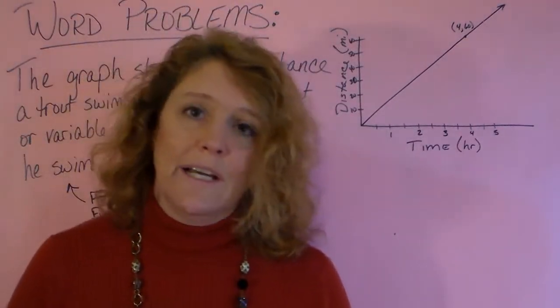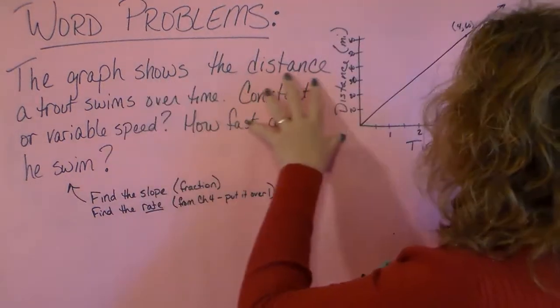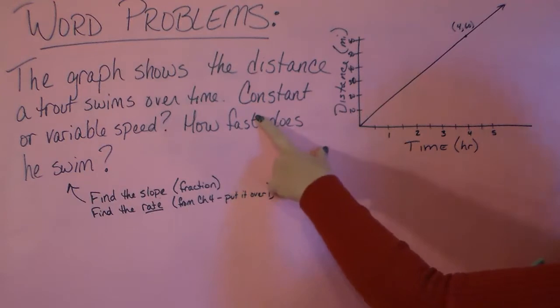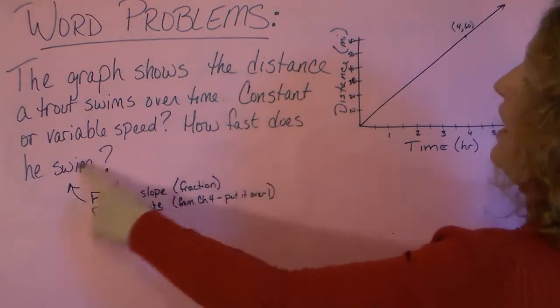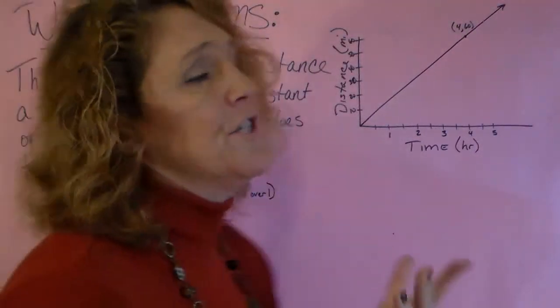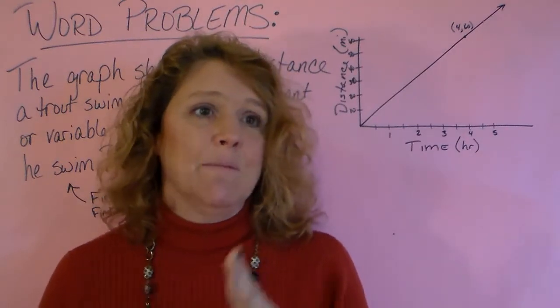Now, what does this look like in a word problem? Here they've drawn you a graph. The graph shows the distance a trout swims over time. Is it a constant or a variable speed, and how fast does he swim? So, here's something I haven't explained yet. Constant versus variable speed.